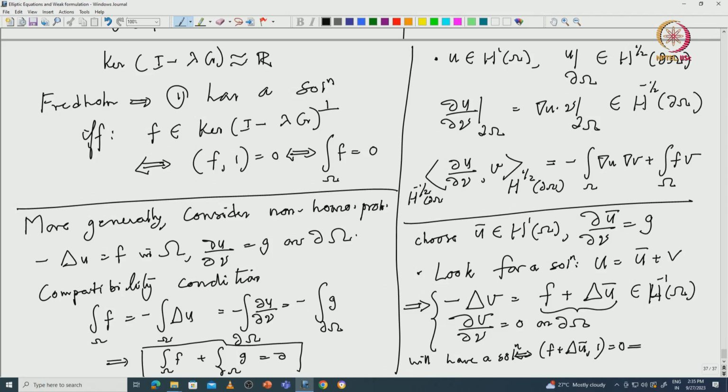That is equivalent to saying that, with a smooth assumption on ∂Ω, the integral of f over Ω plus the integral of g over ∂Ω is equal to 0. So, you can deal with your non-homogeneous situations clearly.